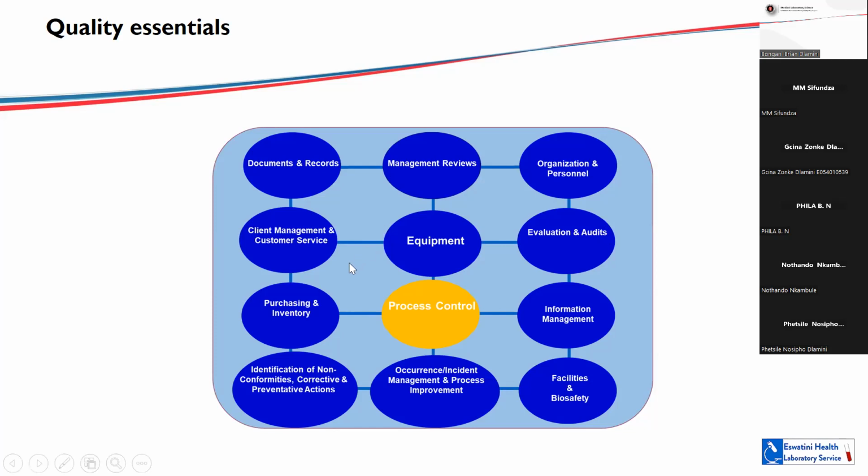Then we also have another one on purchasing and inventory, to say our labs should have like a budget so that they can focus on how much reagents they actually use or they will need in the future, and keep a good inventory store of the reagents that they are actually using. Then we have the process control being the central of it all.